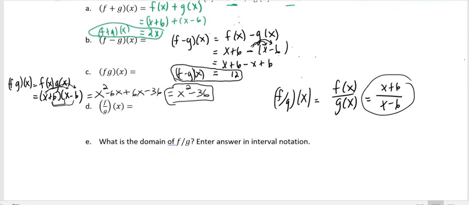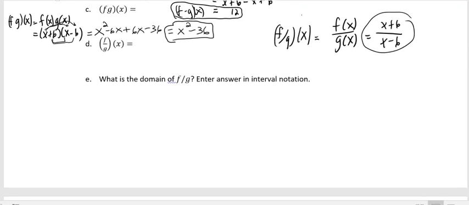Letter E, find the domain. Since we're looking for the domain, we ask ourselves, do we have any fractions? Yes. So here, we need to get rid of any numbers that cause you to have a 0 in the denominator. Some of you might be able to see what that number is. If you're not sure, it's okay.